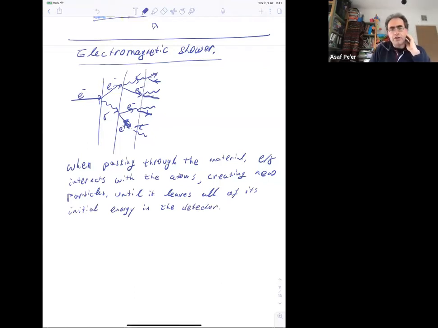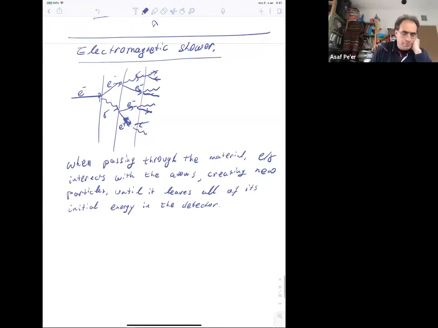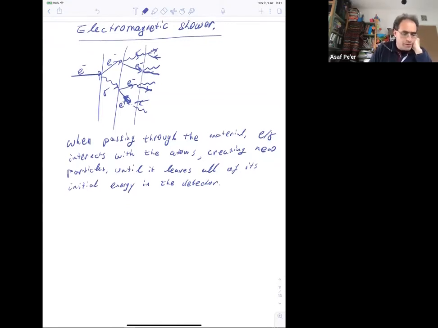Let's call it a cascade, or a shower of particles, which is formed basically in the general direction of the initial particle. It's called a cascade or a shower.